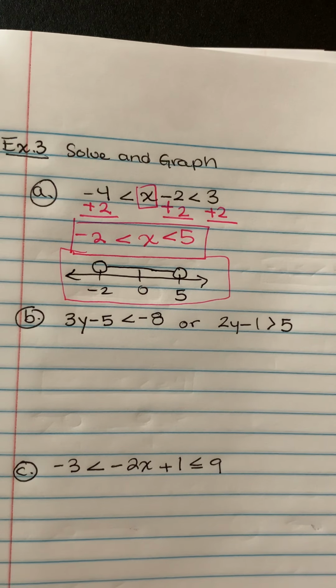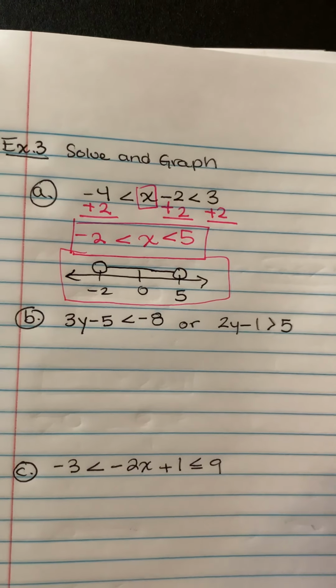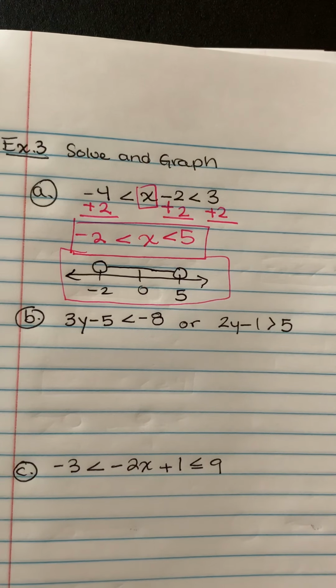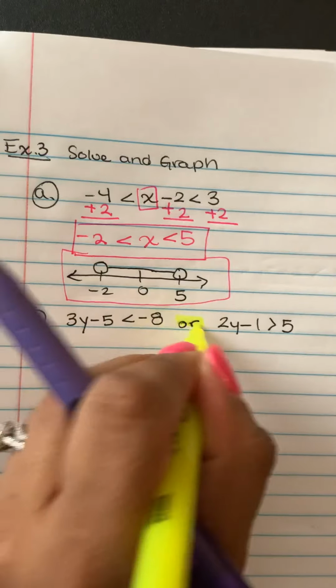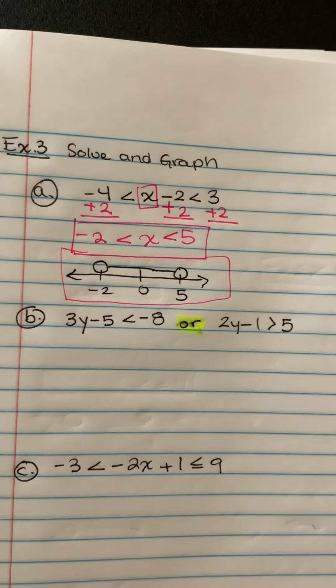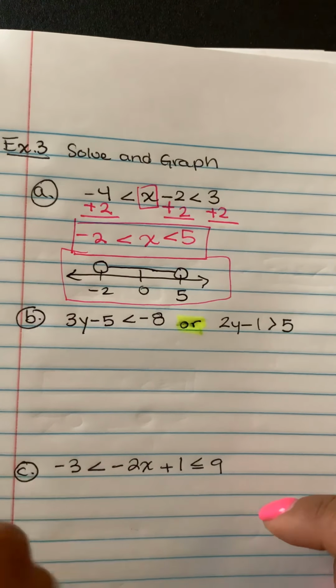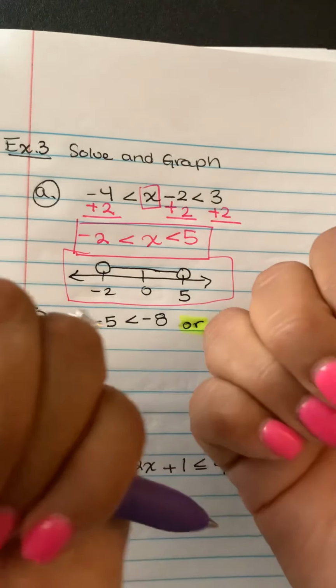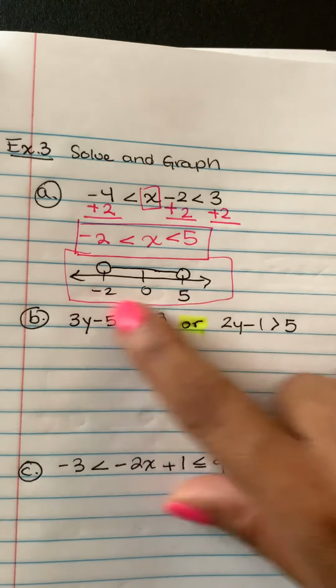Okay. All right, let's take a look at the ORs. So with this, we have an OR. So our graph is, one is going to go to the left, the other one is going to go to the right. They're not going to meet in the middle, they're not going to connect like the ands.